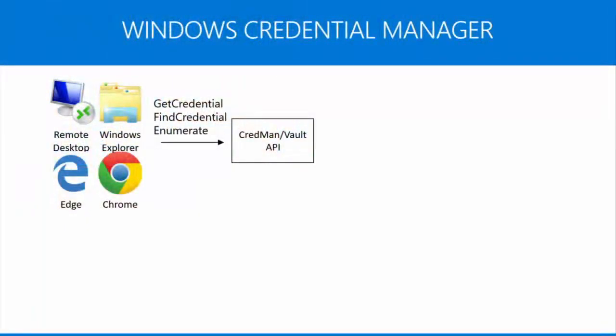We have the Credman API, which is used for Windows credentials, and we have the Vault API, which is used for web credentials. The two different APIs are very similar. They have similar behavior and similar functions. They include functions such as get credential, find credential, and enumerate credentials.